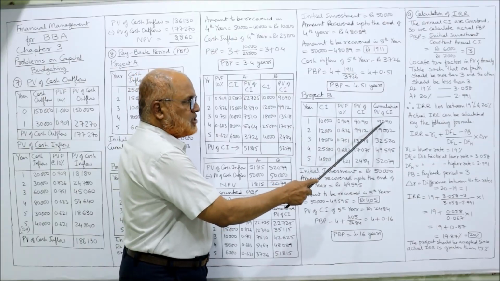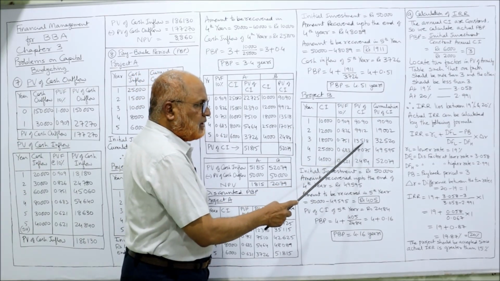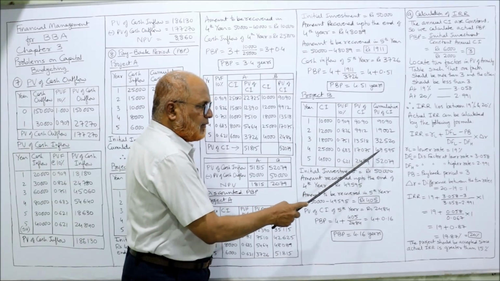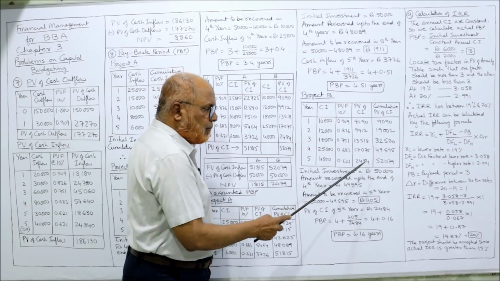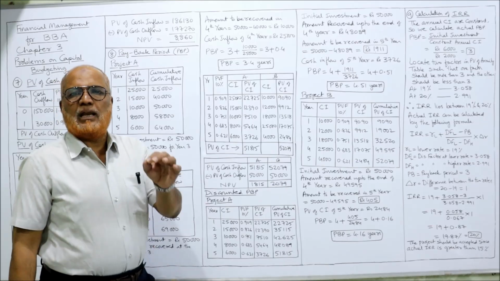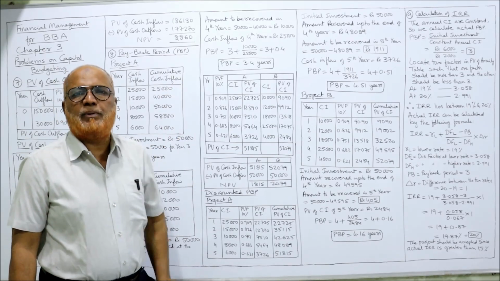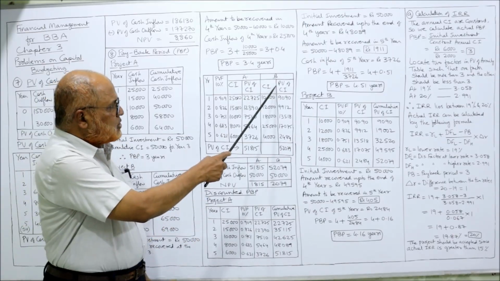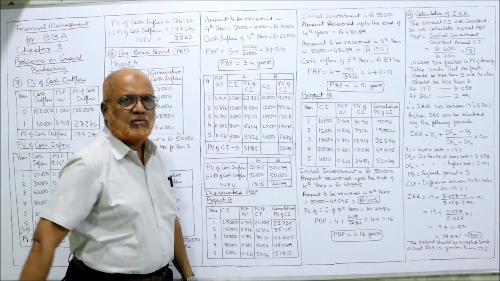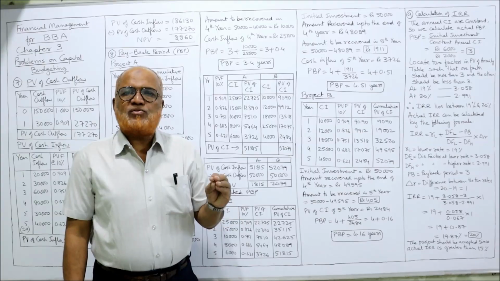So 9,090 plus 9,912, 19,002 plus 13,518, 32,520 plus 17,075, 49,595 plus 2,484, 52,079. The last year's cumulative cash inflow will be same as the total PV of cash inflow. Here you can see total PV of cash inflow 52,079. Here also 52,079.